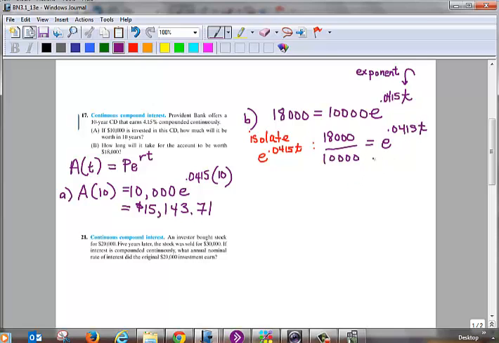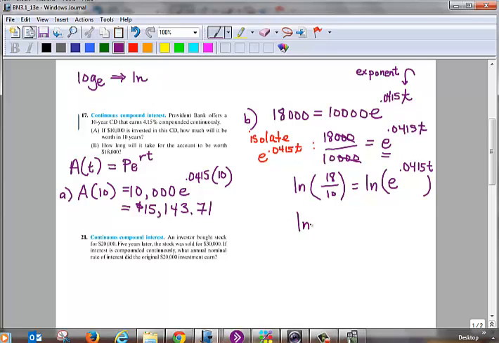All right, now I'm basically going to take the logarithm of both sides of this expression, and so I'm going to take the logarithm base e. So remember, and this is perhaps review, that the log base e has a special name, and that's called the natural log. All right, so I'll take the natural log of, and I can reduce this fraction, 18 over 10, and set that equal to the natural log of the expression e to the power of 0.0415 times t.